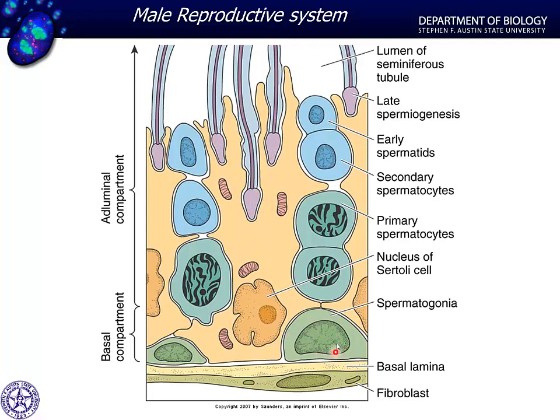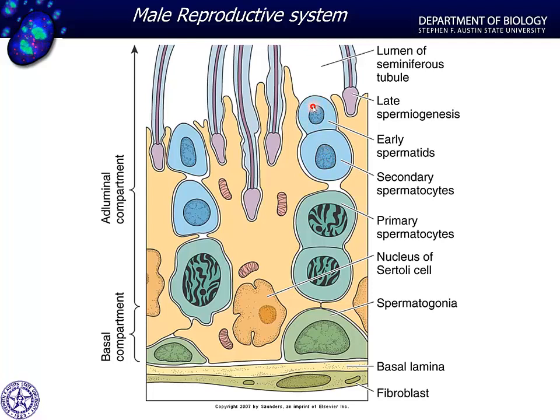Here we can see that we're going through different stages of development. We have a spermatogonia. This is our regenerative cell. This is going to give rise to primary spermatocytes, which will be very easy to recognize because of this condensed chromatin that we see in their nucleus. This then gives rise to our secondary spermatocyte, which we will not see. This is such a short-lived stage because this is going to quickly proceed through development from a secondary spermatocyte into an early spermatid.